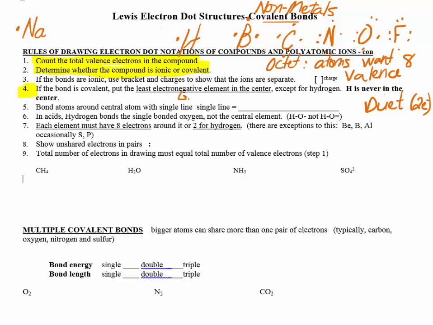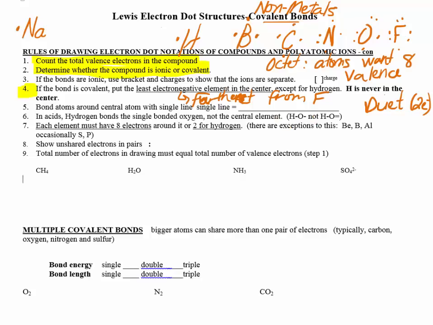How do I know that? Remember, fluorine is the most electronegative, so the central atom should be the furthest away from fluorine.